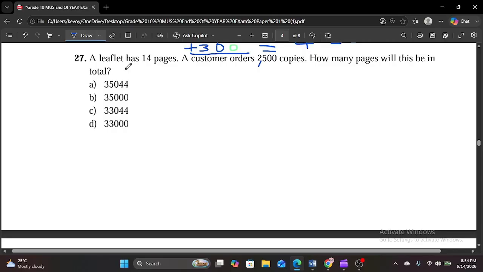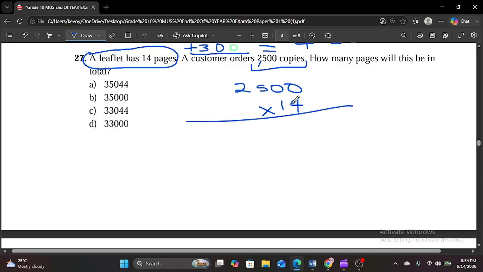So that means that one of these has 14 pages. So if she orders 2,500 copies, that means that you have to be multiplying. The copies is for the leaflet. So in order to know how many pages that will be, you have to multiply by 14.